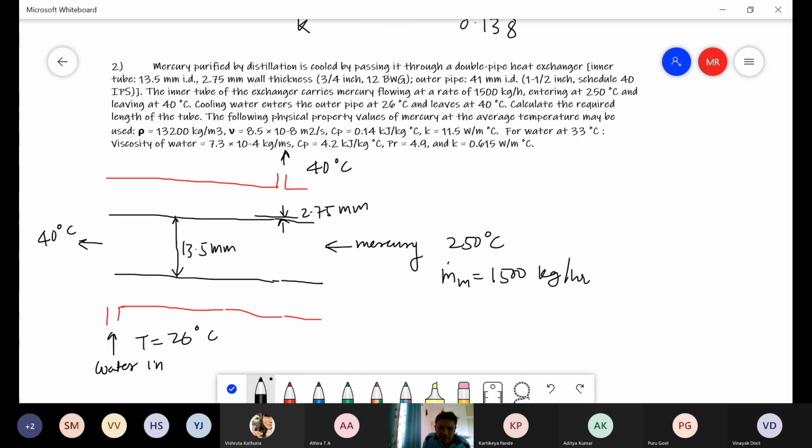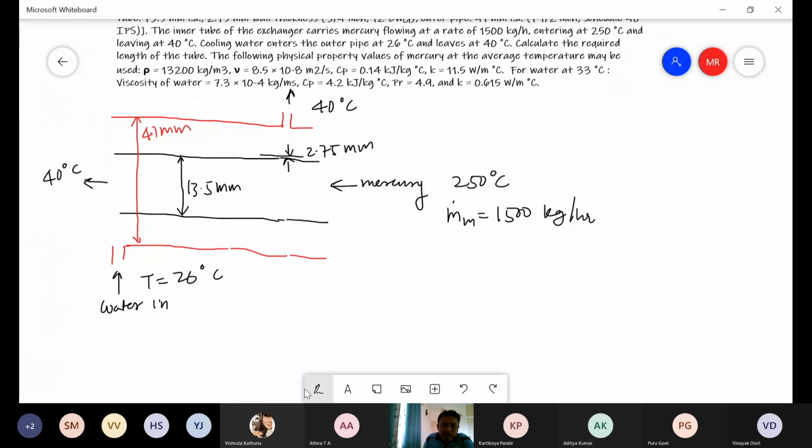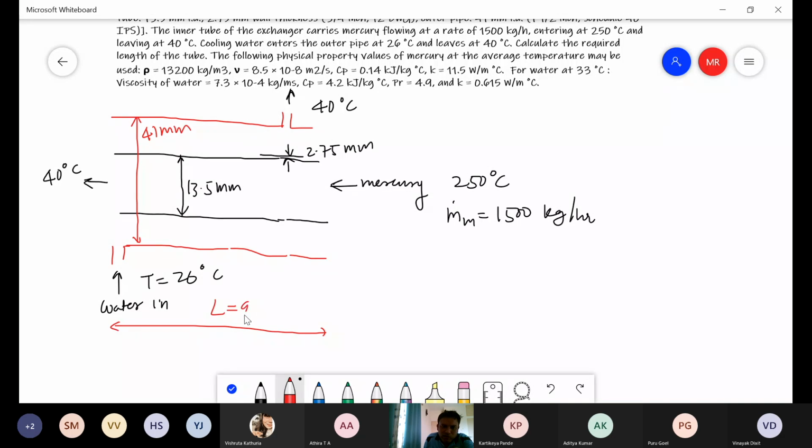Again, the outer diameter is given, which is 41 mm. Okay. So this is the information given to us, correct? Now what we have to find out is how much length is required in this case, that is, what is the value of this L. That is what we have to calculate.